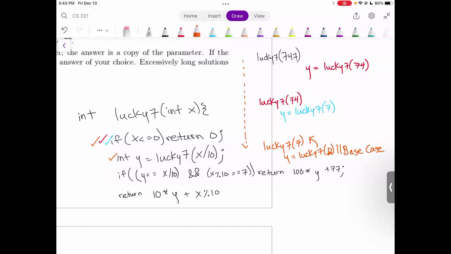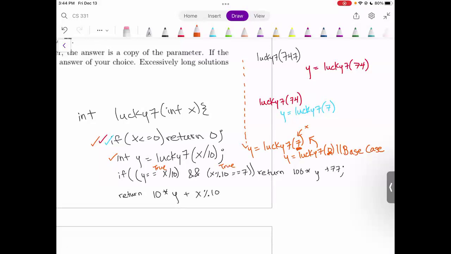Y equals x divided by, sorry, this whole thing is y. If that whole thing equals x divided by 10, which it does, and x mod 10, this is my x, 7 mod 10 is still 7, so both of these are true.